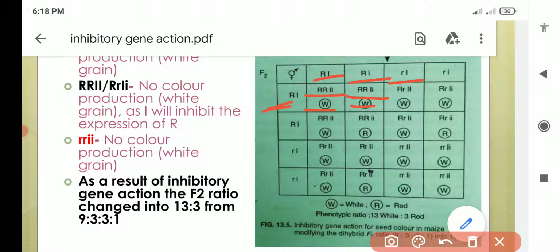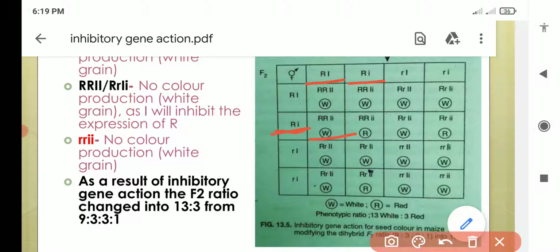When this crosses with this, capital R, small r, capital I, again white color will be produced, because both R and I are there, and capital I will inhibit the expression of capital R. Then when the first gamete crosses with this gamete, capital R, capital I, small i, again white color will be produced. When the second female gamete crosses with the first male gamete, again white color will be produced.